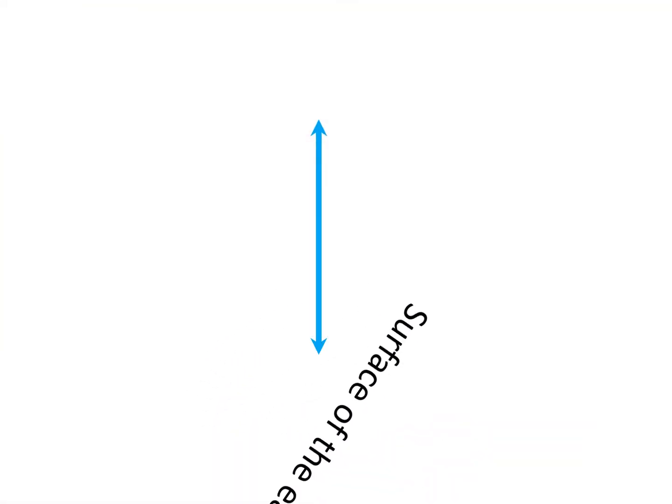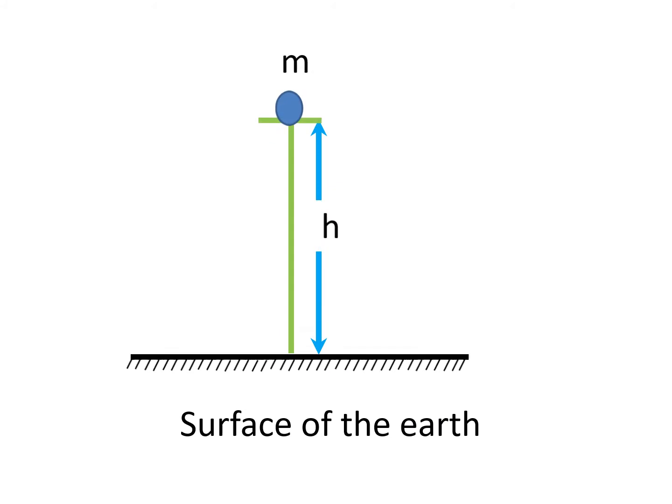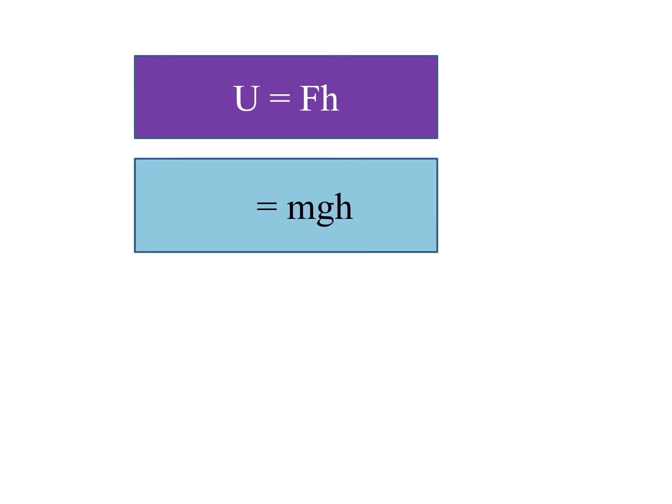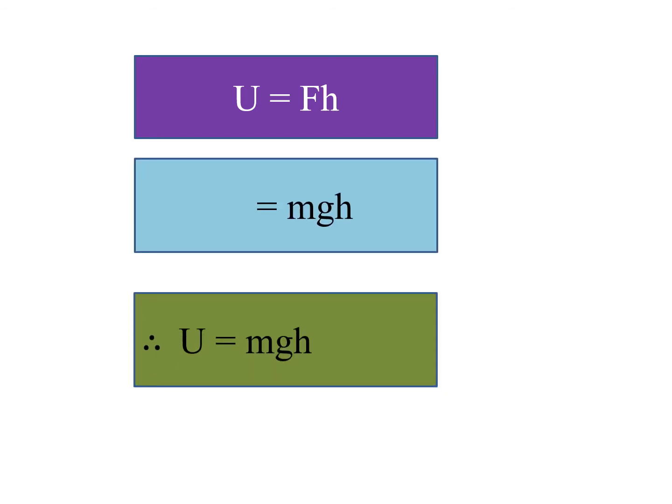Look at this picture. Here, height h, the mass of the body m, and surface of the earth. So we can say U equal to F s from the definition of work. Here F is force, F equal to mg, h is height. So finally we will get U equal to mgh. It's the required equation for gravitational energy.